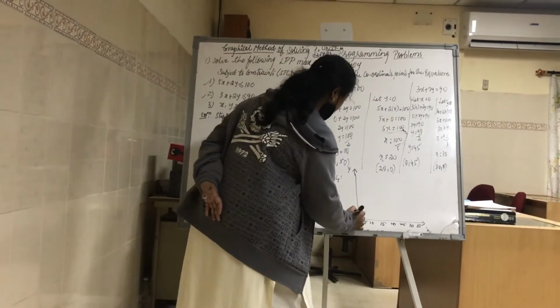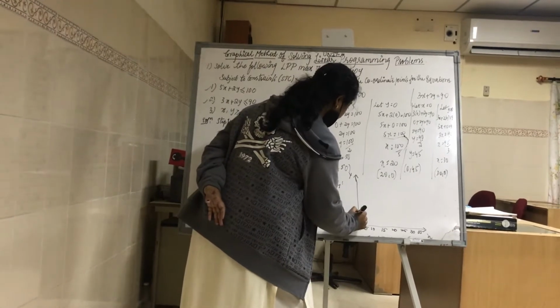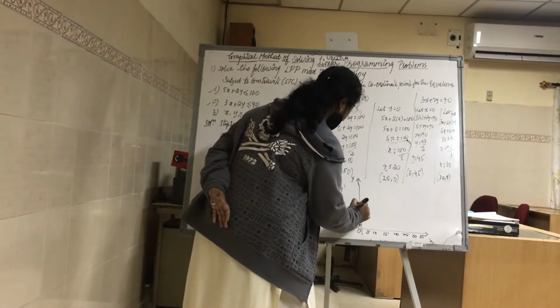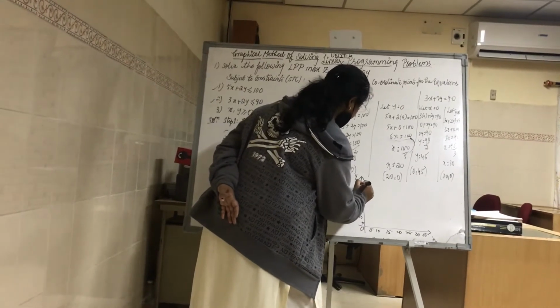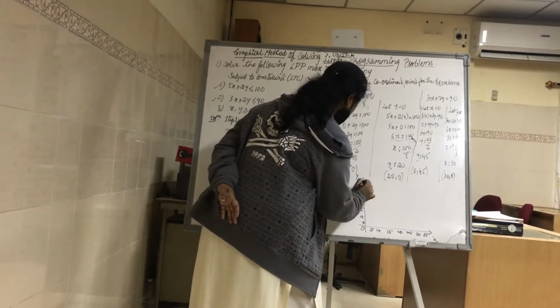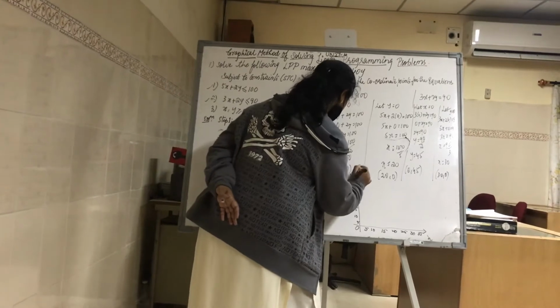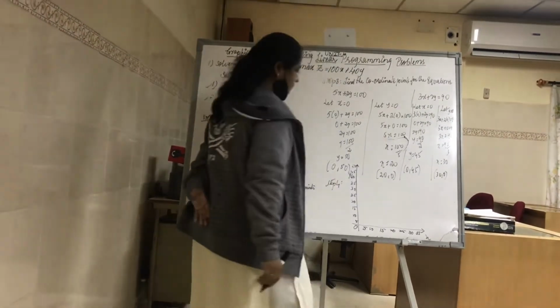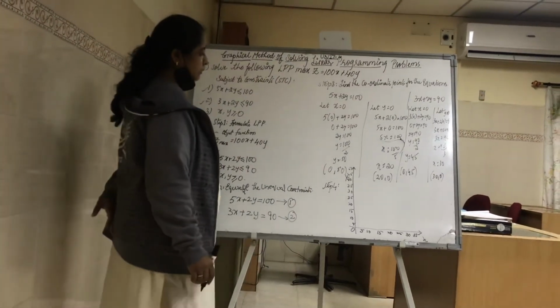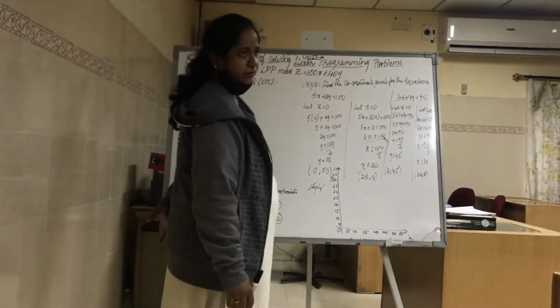Here I'll take it as 5, 10, 15, 20, 25, 30, 35, 40, 45, 50. So I'm taking a scale of 5 units.